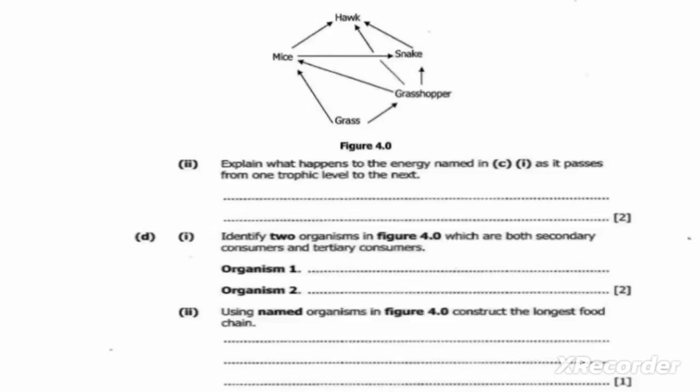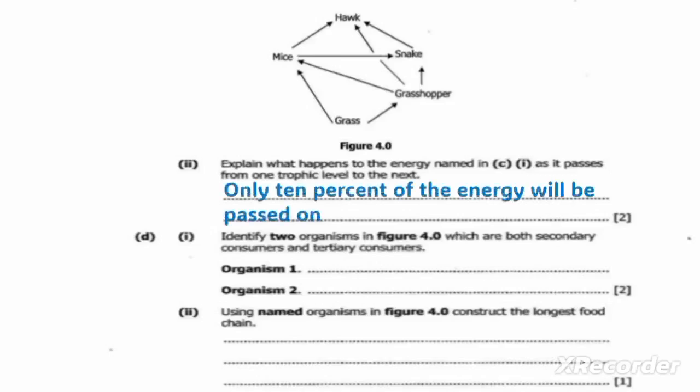Then 90% of the energy is lost. So we are going to say only 10% of the energy will be passed on to the next trophic level, then the remaining 90% is lost as heat.